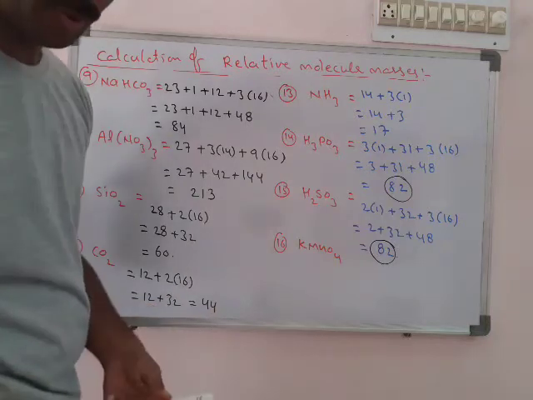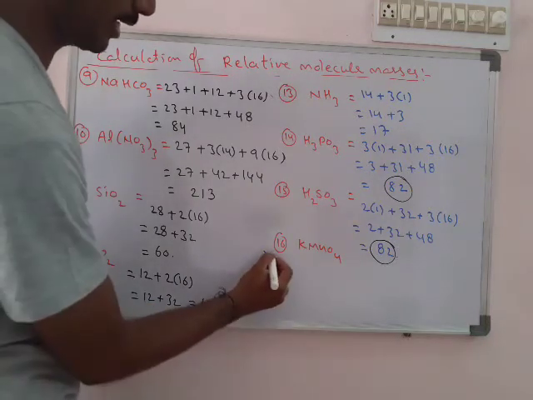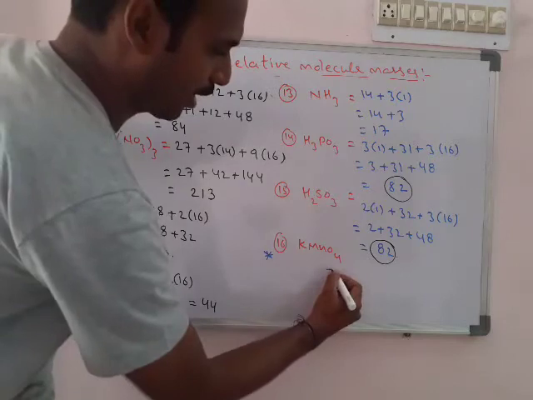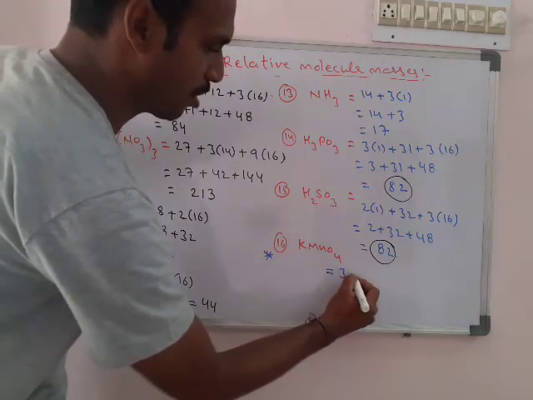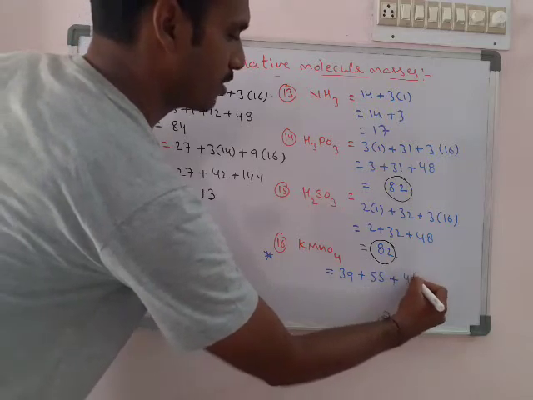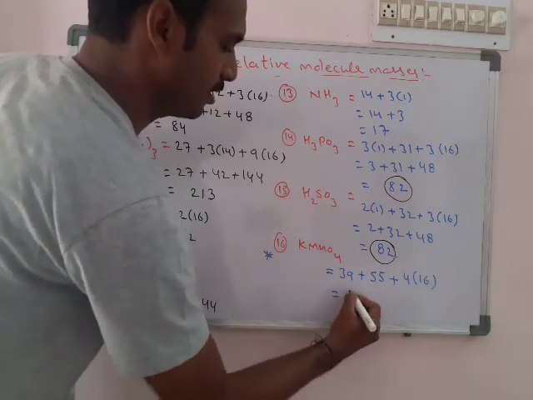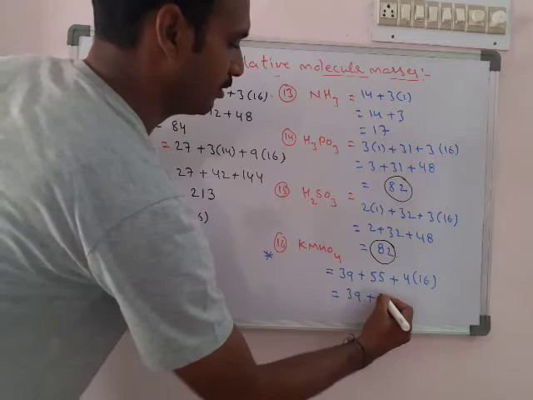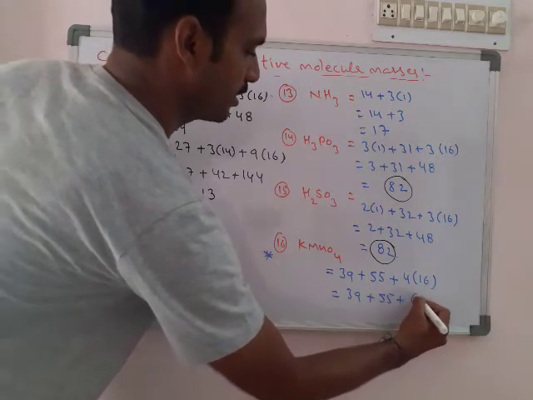Next, a very important one, potassium permanganate, KMnO4. Potassium how much? 39. Manganese 55. Oxygens each carry 16. That is 39, 55, 64.